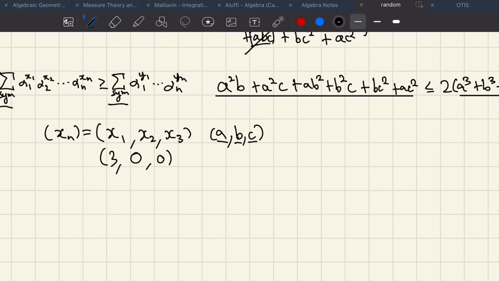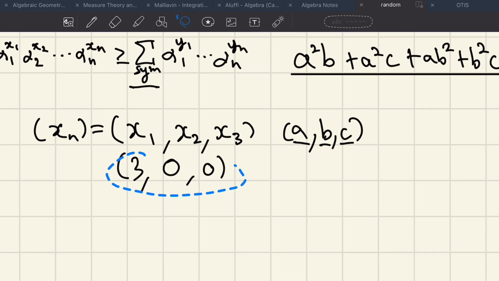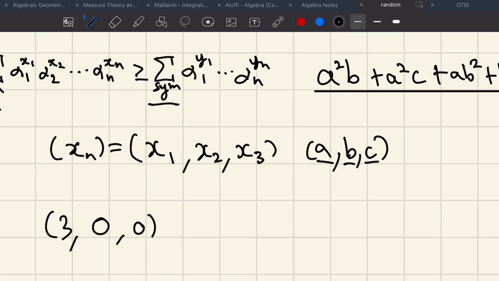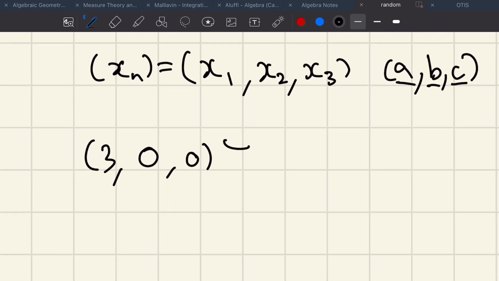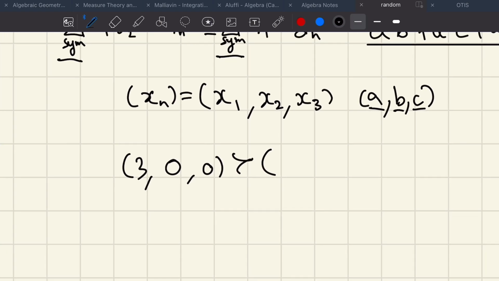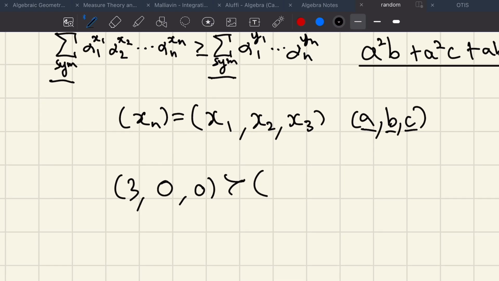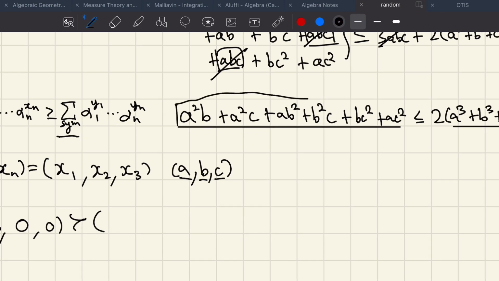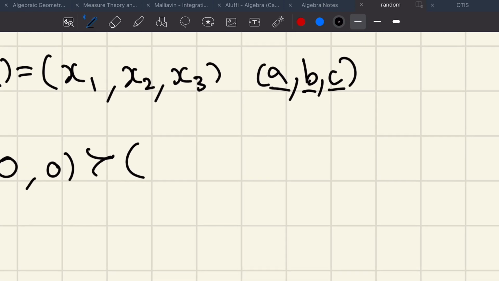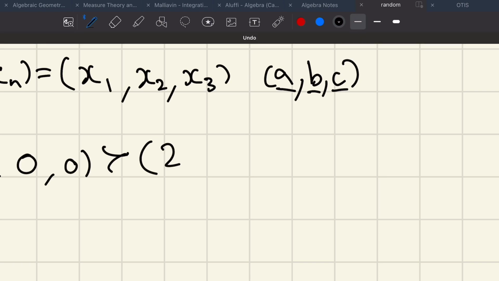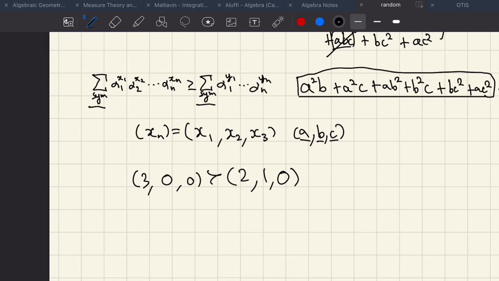So it's clear that by the Muirhead inequality, if we were to find a sequence that is majorized by 3, 0, 0, corresponding to this symmetric polynomial here, then we will have the result. But then clearly that sequence will be 2, 1, 0. Why?